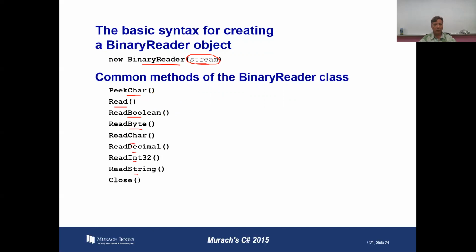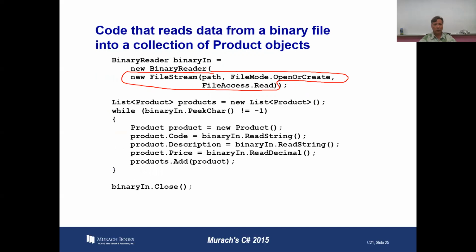Okay, so we need to know what these are. And so here we're reading a string, which is binary. Okay, so we're defining this reader, and we're calling it binary in, and it's a new binary reader, and here's the stream. And so we are reading in the list of products.